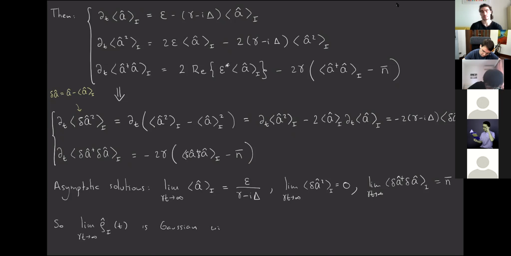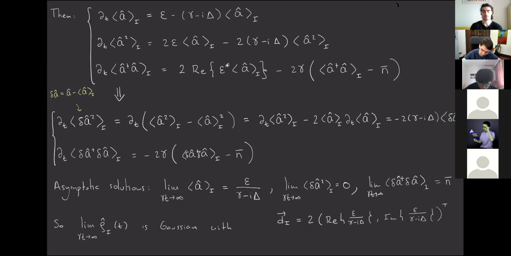And it has the following Gaussian objects. So first of all, the displacement of this state is just 2 times the real part of the expectation value of A, which is gamma minus i delta, and the imaginary part of the expectation value of A. So that's the mean vector.